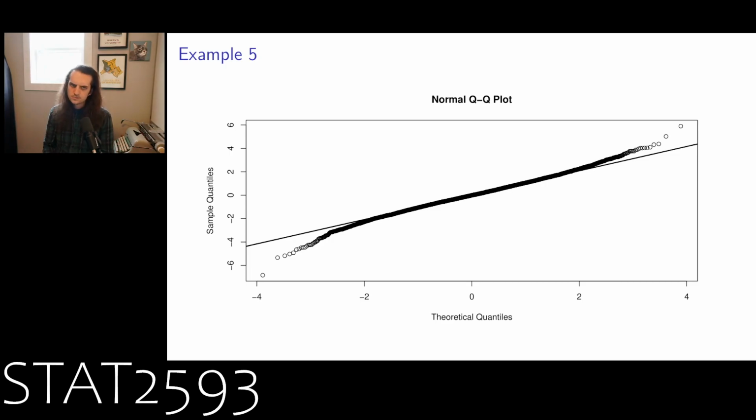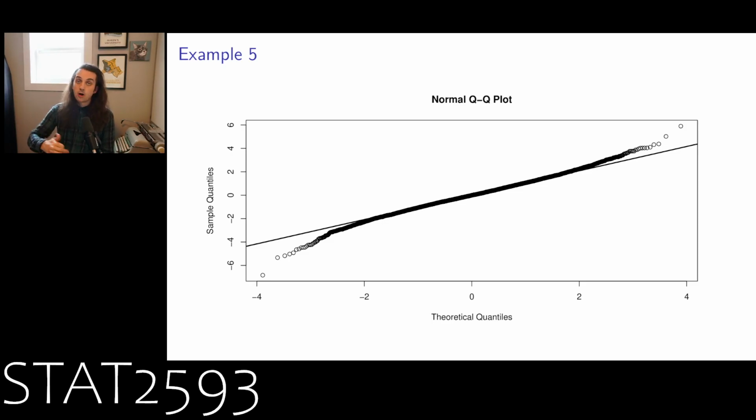Now, this one's a little bit more interesting, because here we see sort of a better alignment through the middle. We don't see nearly as dramatic of an S pattern or a U pattern. But if we're thinking about the tails of this distribution, so say below -2 and above 2, are quite far off. We see that there's this way in which the theoretical distribution is just not right for those values.